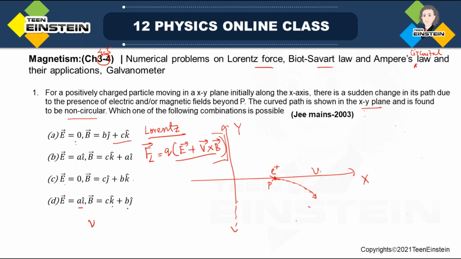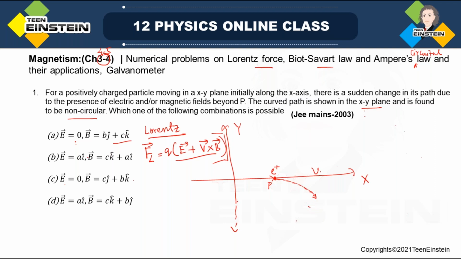So first of all, let us see v cross B. If we take the cross product i cross k, that means there will be a positive j cap component, but here we should have only a negative j cap component. So we can just neglect this also. The option D is also not correct.